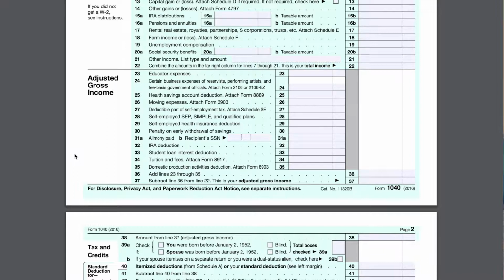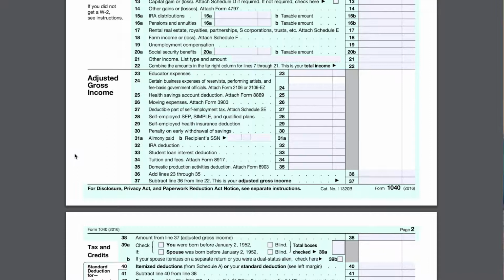So kind of rare to see line 24 come into play, but you should nonetheless be aware of it. Health savings account contributions, kind of the big ones here for the above the line deductions are retirement plan contributions and moving expenses.